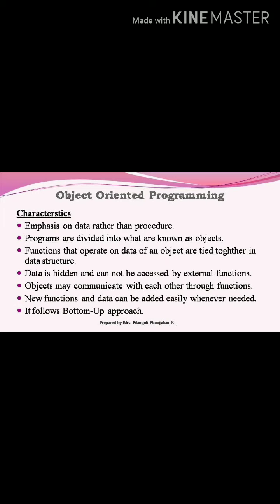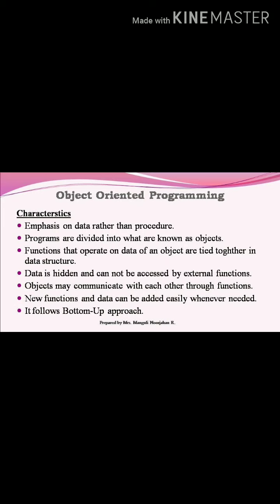OOP totally emphasizes data rather than procedure. The programs are divided into what are known as objects. Third, the data structures are designed such that they characterize the object. Functions that operate on data of an object are tied together in the data structure. Data is hidden and cannot be accessed by external functions.